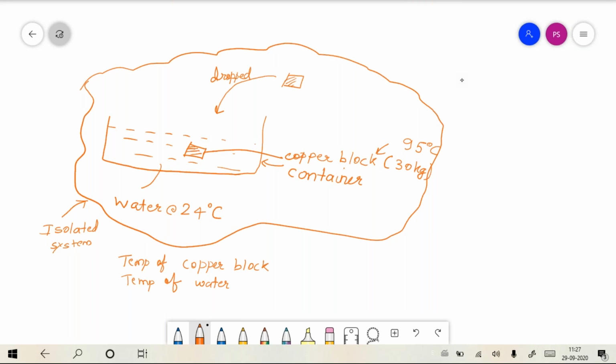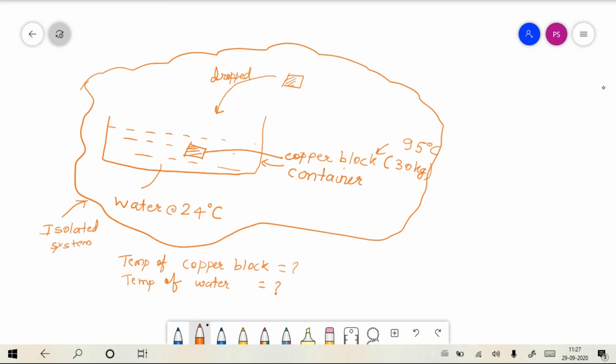If you have calculated this, tell me the answer. Kunal has got some answer. Sushant has also got some answer.